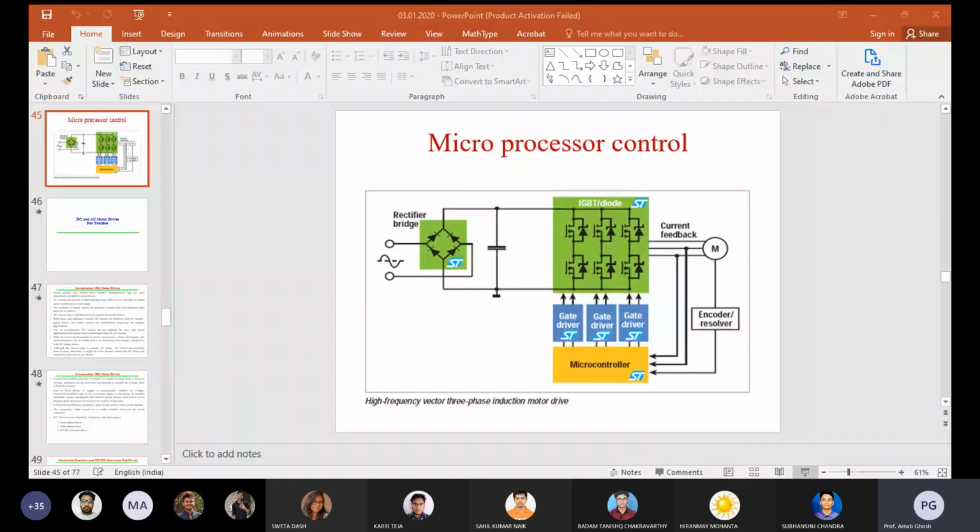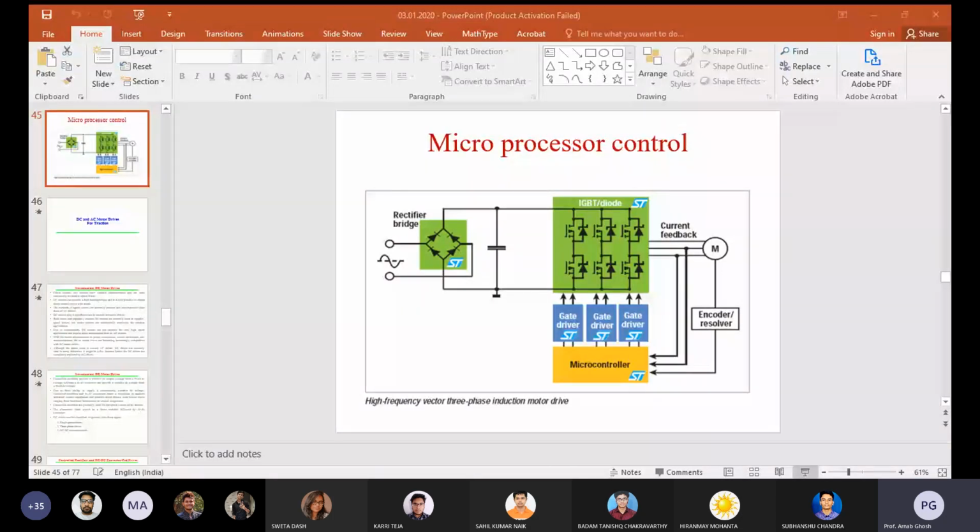If you see their mathematical derivations, there are specific applications: where we need to use totally uncontrolled, where we use semi-controlled, and where we use fully controlled. Suppose you want to design a low-cost drive.